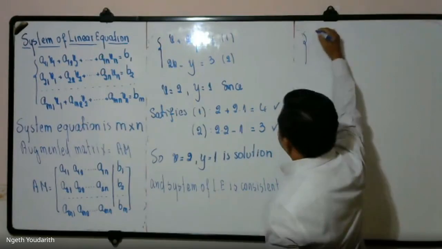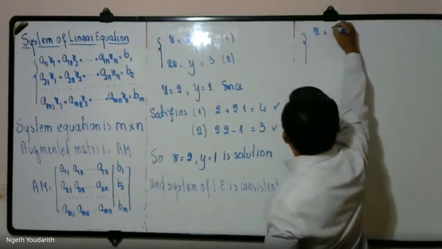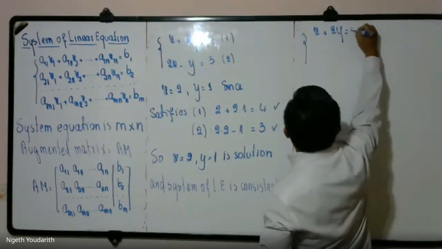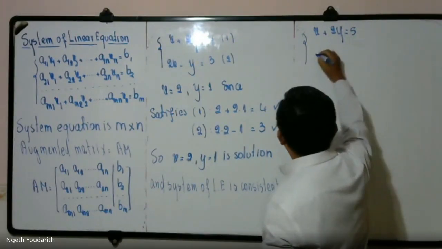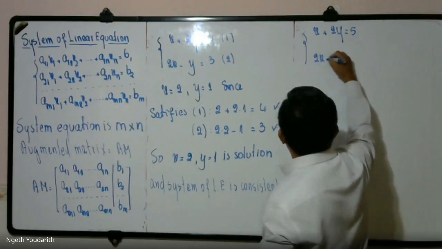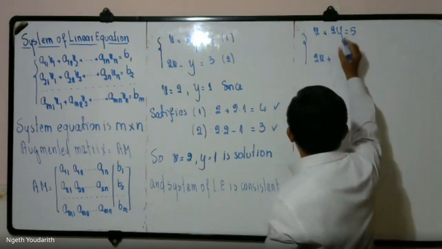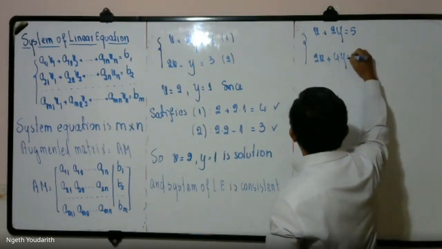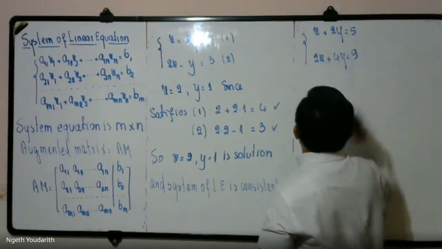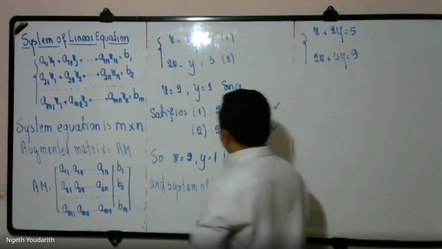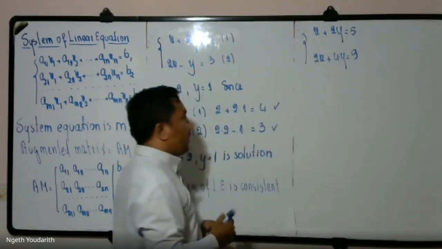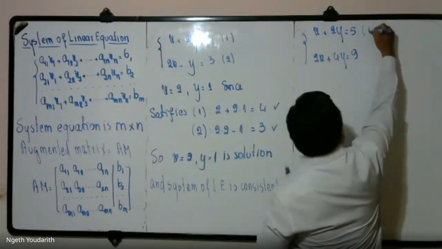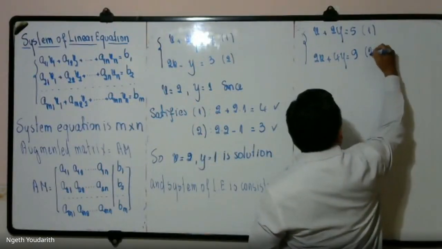The example is x plus 2y equals 5, and 2x plus 4y equals 9. This one is equation 1 and this is equation 2.